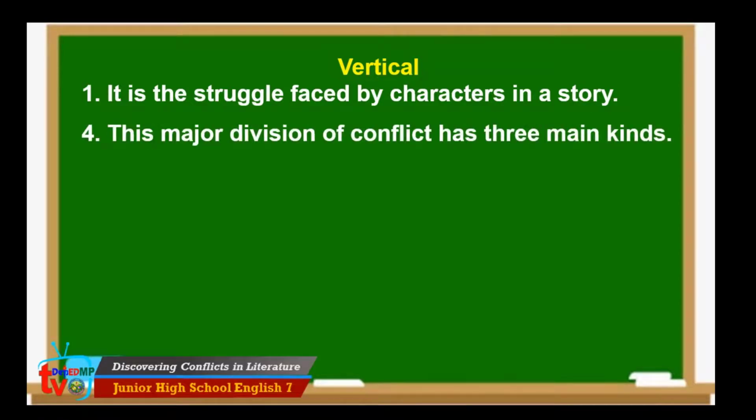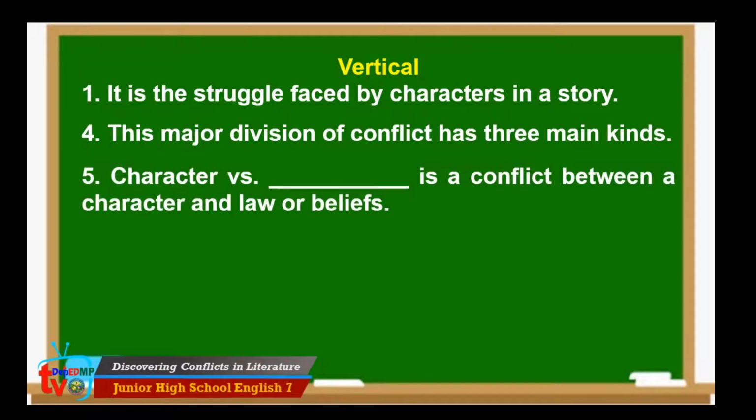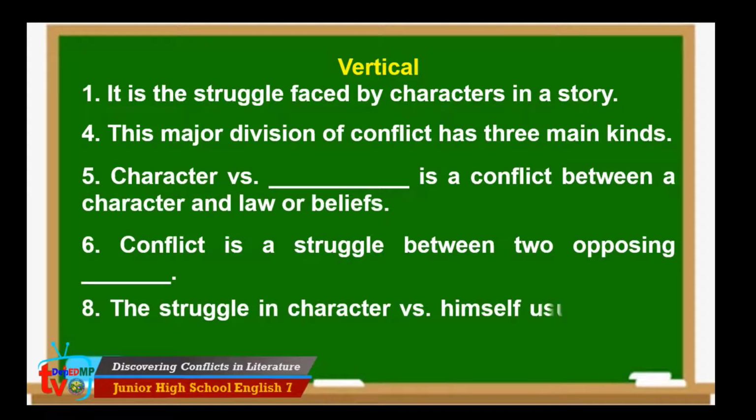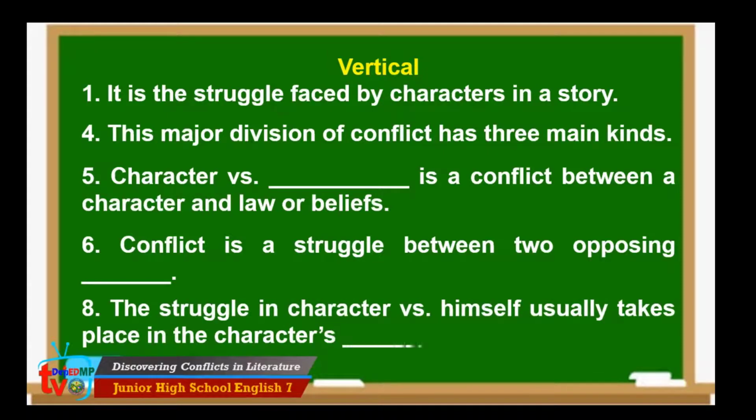This major division of conflict has 3 main kinds. 5. Character versus blank is a conflict between a character and law or beliefs. 6. Conflict is a struggle between 2 opposing blank. 8. The struggle in character versus himself usually takes place in the character's blank.